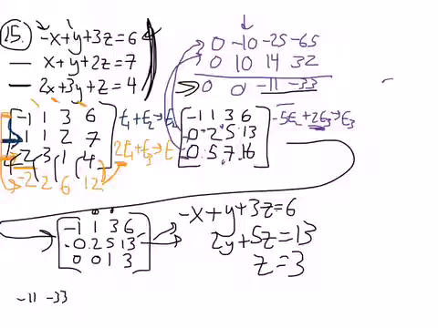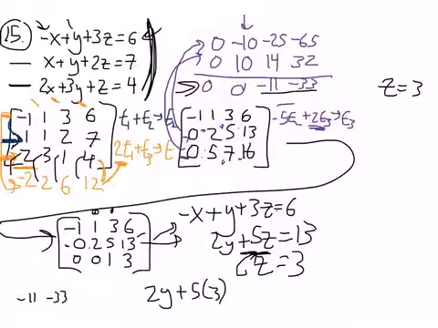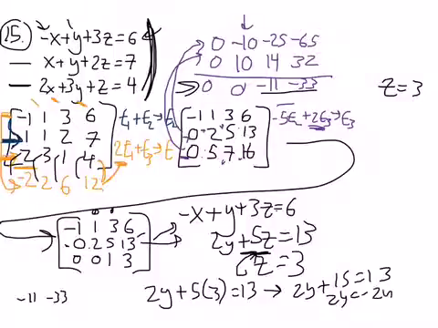So far I know that z equals 3. Let me do some back substitution to figure out the rest. I'm going to plug this into this equation. So 2y plus 5z, z is 3, equals 13. That means 2y plus 15 equals 13. Subtract 15, 2y equals negative 2, and y equals negative 1.